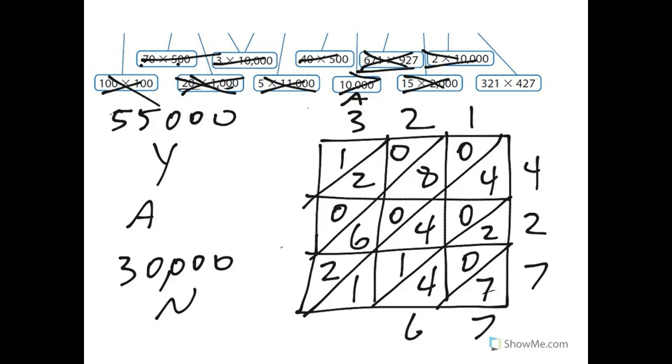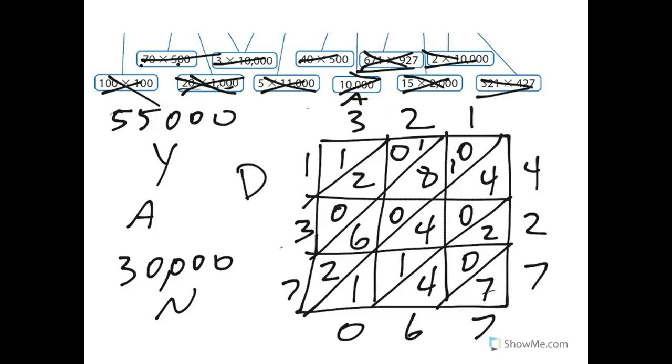So 7, 6, 4 plus 4 is 8, 8 plus 1 is 9, 9 plus 1 is 10, carry that 1. 1 plus 8 is 9, 9 plus 6 is 15, 15 plus 2 is 17, carry that 1. 1 plus 2 is 3, and 1. 137,067 is going to be D.